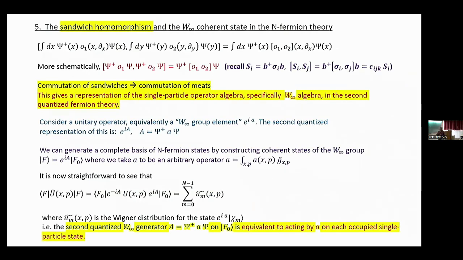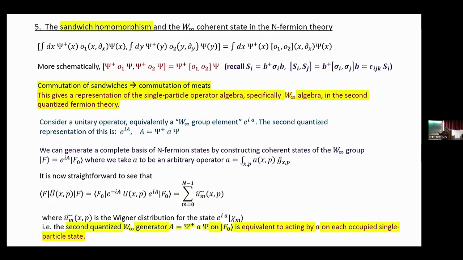Now comes the aspect of introducing coherent states to describe the n particle Hilbert space of the fermions. The first ingredient of that would be what I call the sandwich homomorphism. If you take an integral of this kind, this is basically the sum over these O1 operators over all the particles. So that's given by this object: psi dagger x, O1 is a one particle operator, psi x, integral.